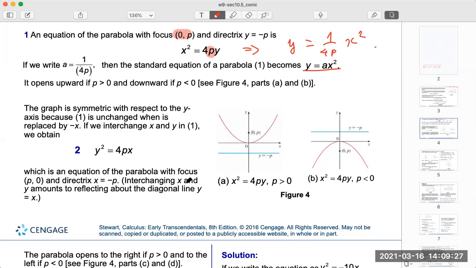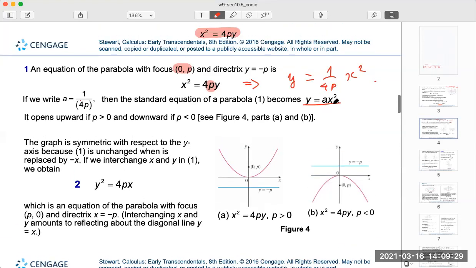Another thing, okay? Look at this equation. For x and negative x, for example, x is negative 1, y will be a, right?